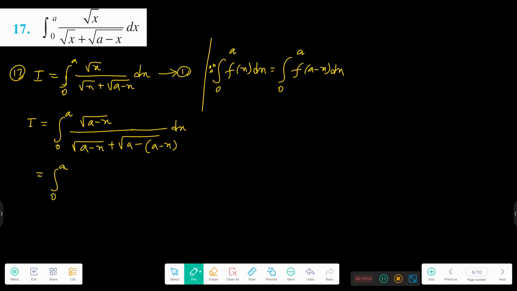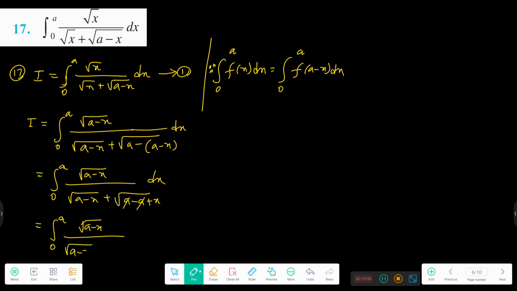What is that? The integral from 0 to a of root a minus x divided by root a minus x plus square root of minus, when you multiply inside, what am I getting? Minus a minus and minus plus x dx. So minus a plus a cancel. So the integral from 0 to a of square root of a minus x divided by square root of a minus x plus root x dx. This is what is I.